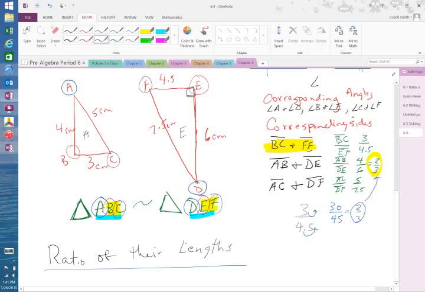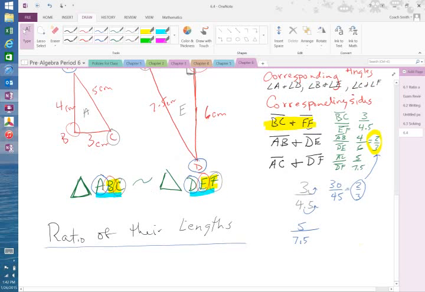I'll show you the other one does too. If we take 5 over 7.5, we can't have a decimal in our fraction, so we move it once, so that's 50 over 75. Well, I can divide that by 25 over 25, and that's 2/3. So all three of your ratios are 2/3.